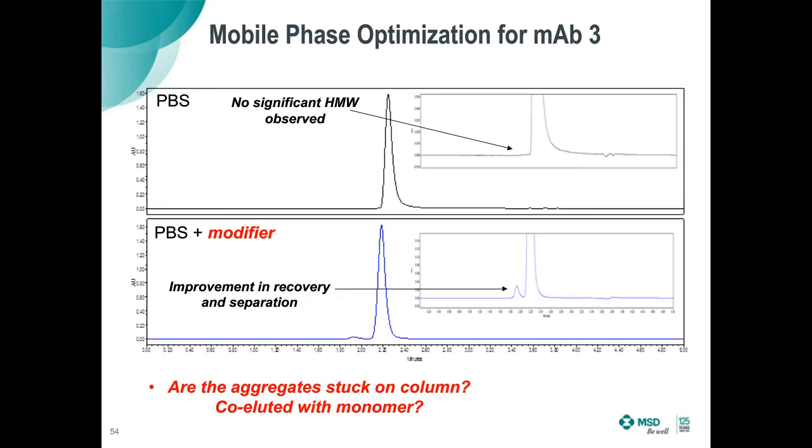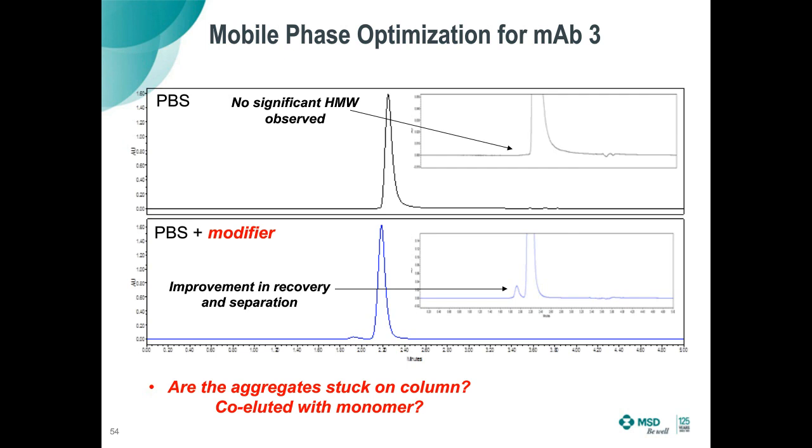So in doing some of this investigation, we found one of the MABs was sensitive to the aggregates being not present in PBS. So if you run your sample in PBS on the top chromatogram, we weren't seeing many aggregates. We did some optimization. If you look in the literature, there are different types of modifiers that can be used, such as organics.